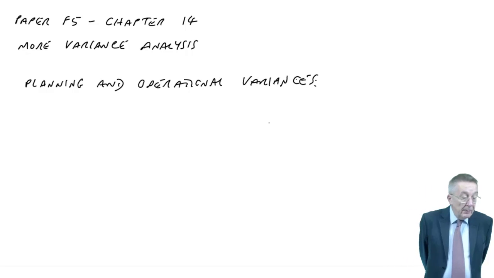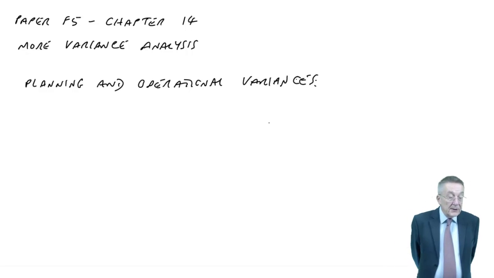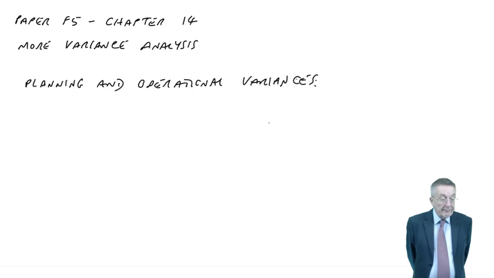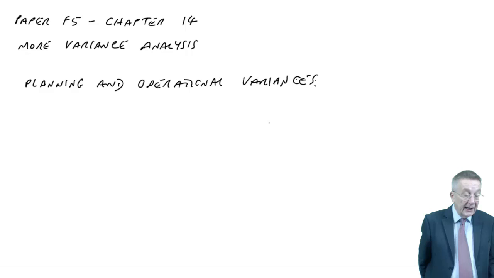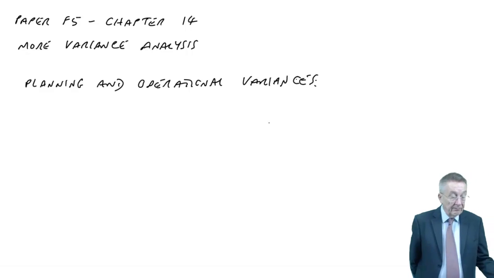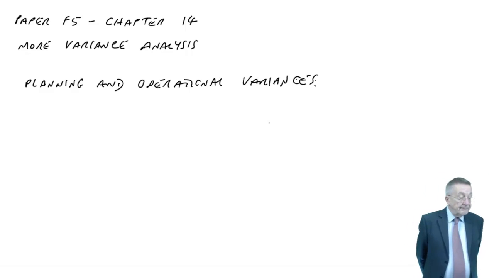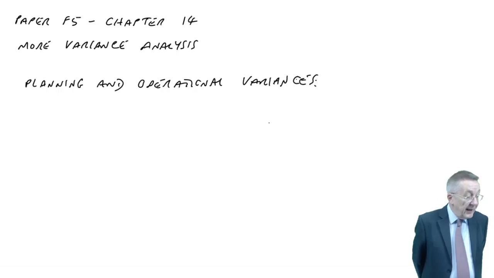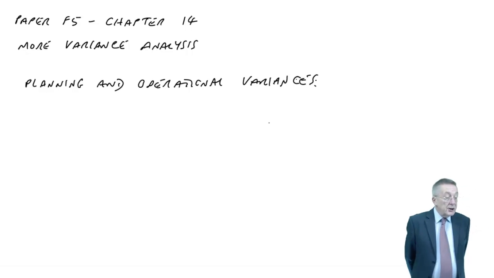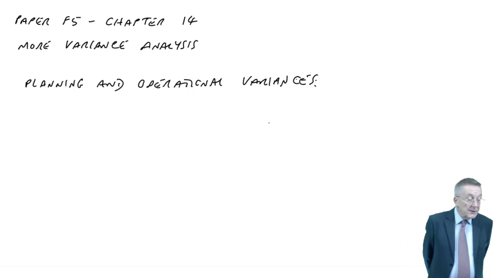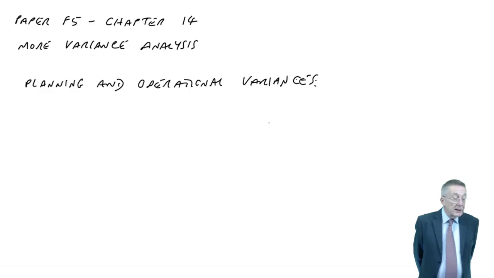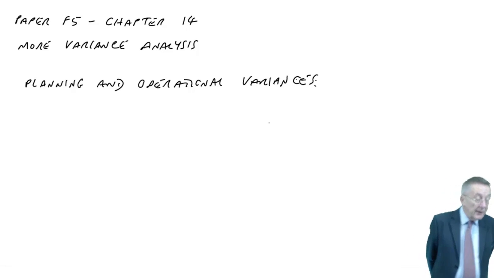It says in the original budget, the standard cost of materials was 10 kilos at $5 per kilo, and we budgeted on producing 10,000 units.